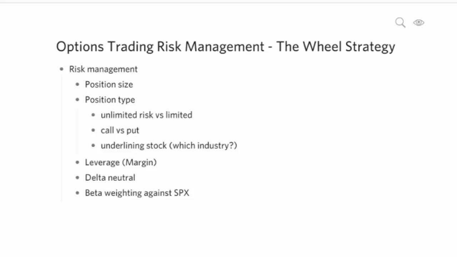In this video, we are going to talk about risk management for the wheel options trading strategy. As you know, there are so many different types of options trading strategies out there. And depending on the kind of strategy that you are trading, obviously your risk management has to change.